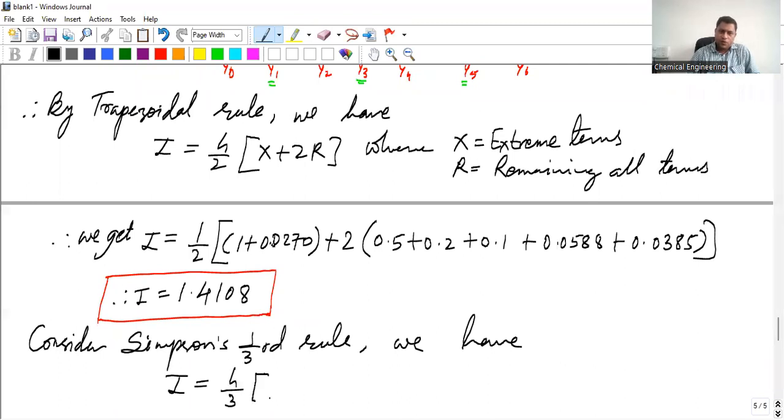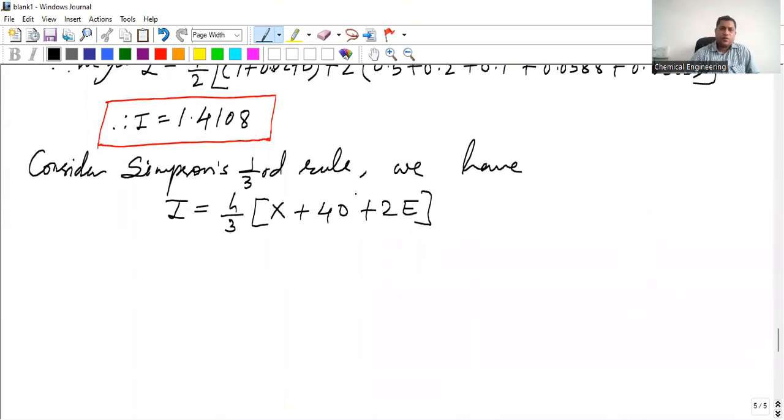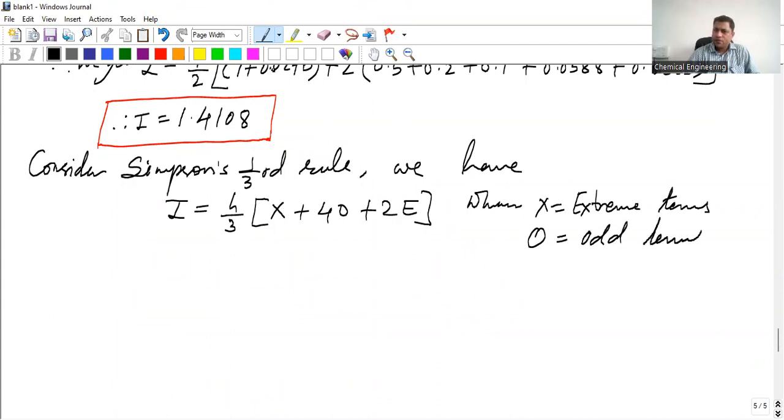I is equal to h by 3 into (X plus 4 times O plus 2 times E), where X is equal to the extreme terms, O is for odd terms, and E is for even terms.